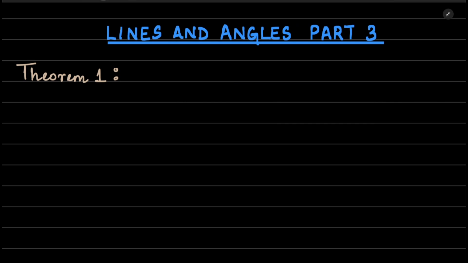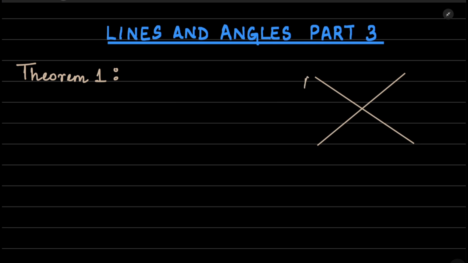So here in part 3, we will start with a theorem. The first theorem that you should know as a part of your lines and angles is that if you have two lines, say these are two lines which are intersecting each other at a specific point.